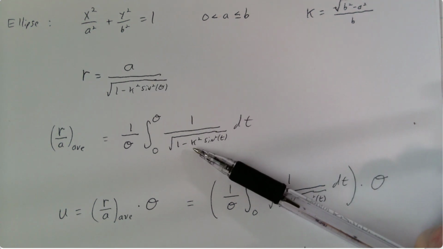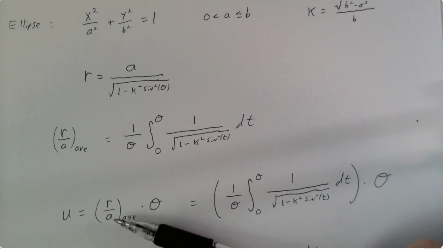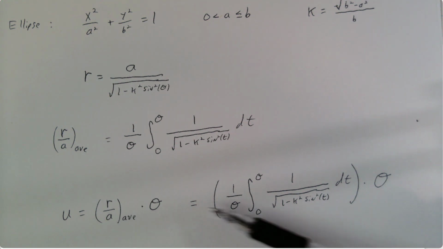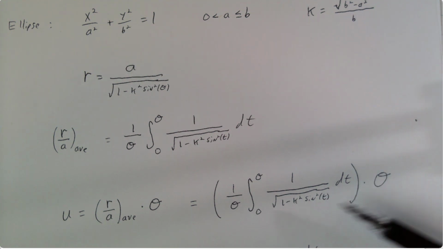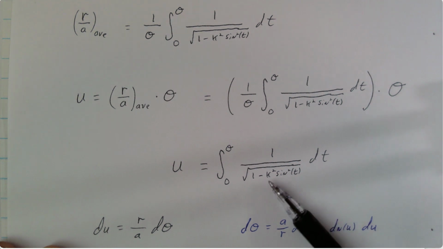If that's the average, it's a running average. As theta increases, it kind of levels off somewhat. But r over a, that running average times theta, would just be this times theta. The thetas will cancel, and we get our standard definition of u.